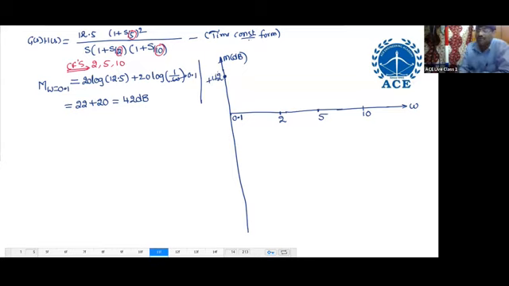Don't consider it to be 0 dB, because it may be 5 dB, it may be 10 dB, it may even be 0 dB, we don't know. Start with 42. Now, what is the initial slope?